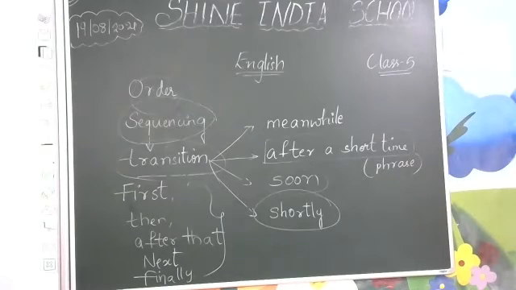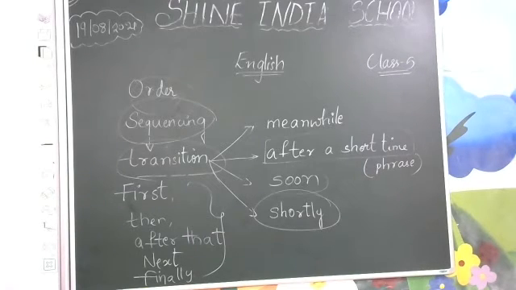Correct. In present tense, the verbs will have S and ES. Even if S and ES is not there, and only the action word is there, then also the sentence is in present tense only. Okay, children? Note that point.